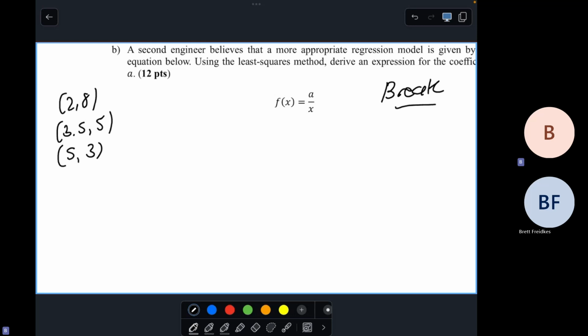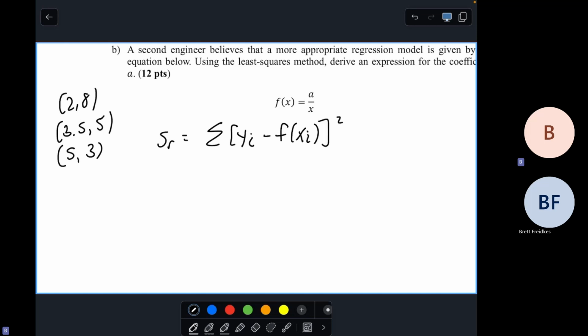Should we do this? So, for this problem, the least squares method is the idea that we're going to try to minimize the sum of the squares of the residuals. So SR is a summation of yi minus f of xi, squared.